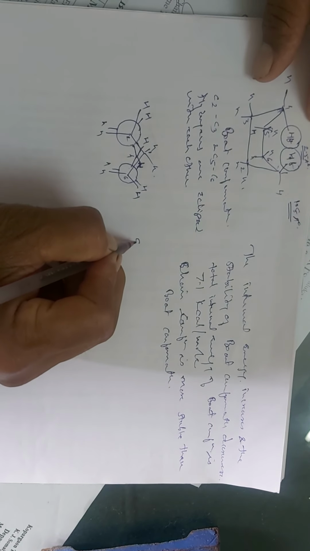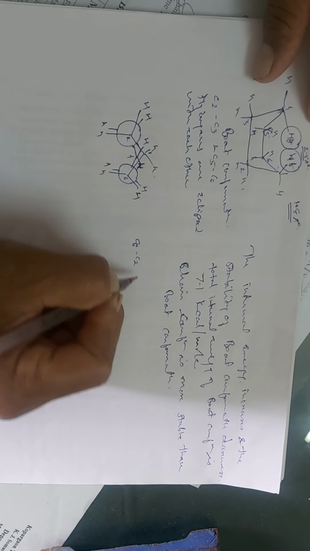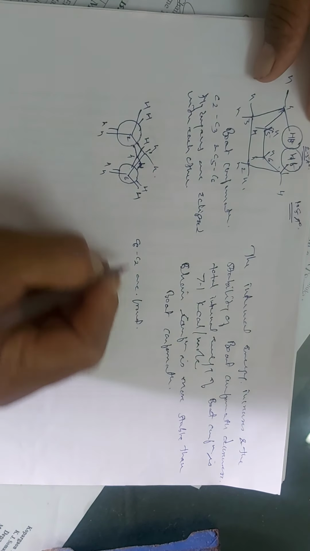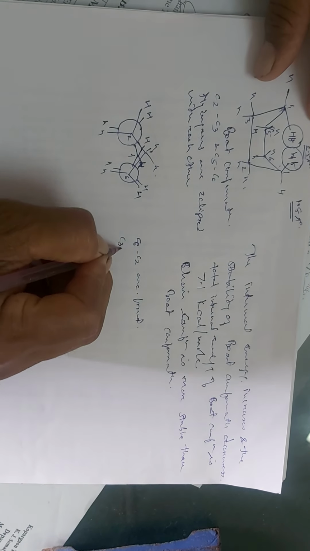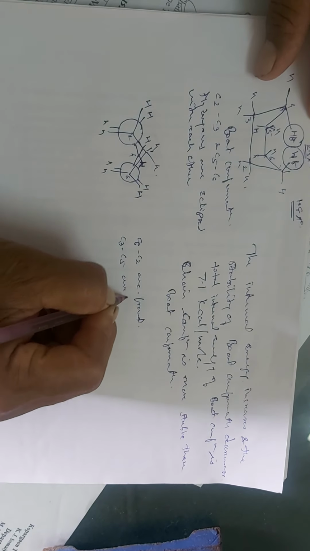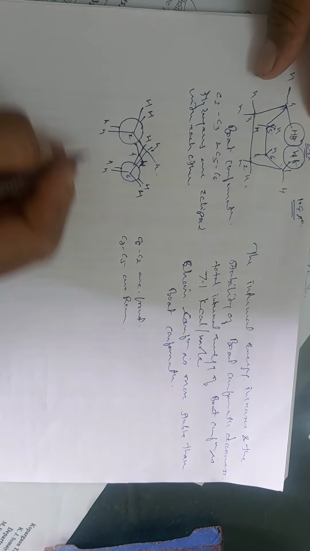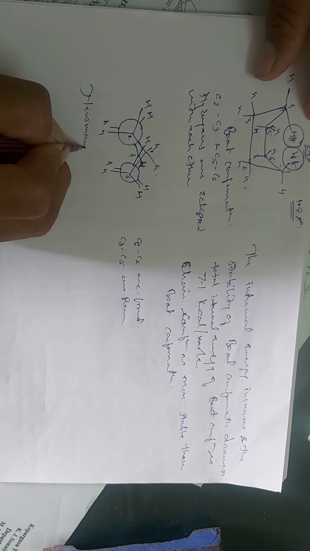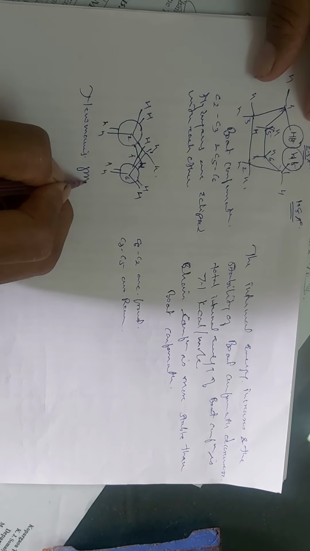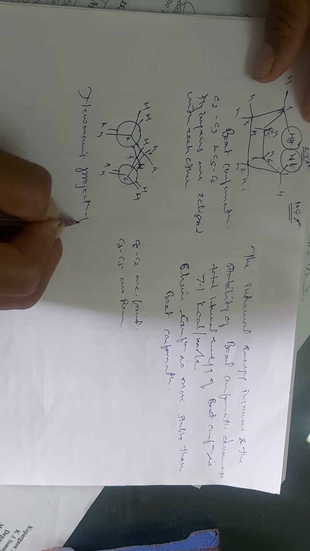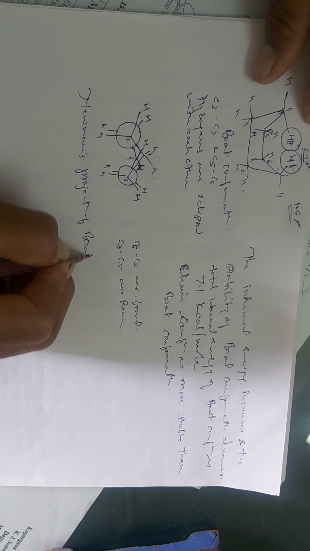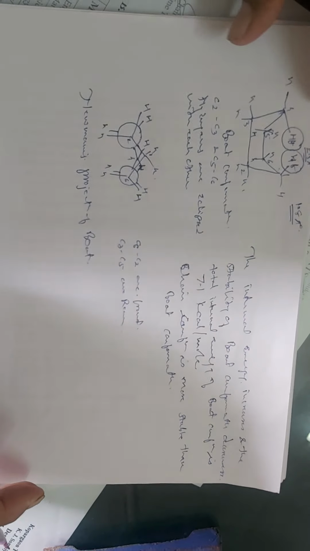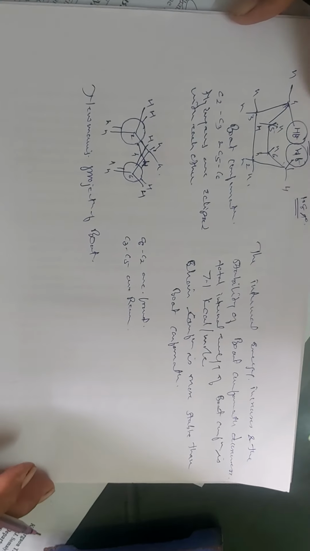So C6, C2 are front carbon atoms, and C3, C5 are rear carbon atoms. And so this is the Newman's projection of the boat form. And so in this way, this boat conformation is less stable than the chair conformation.